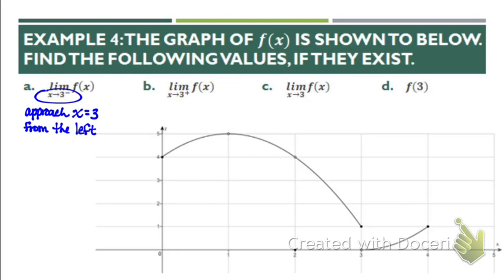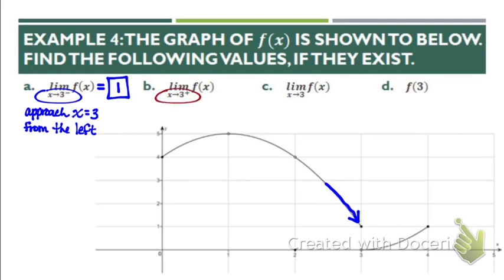So as I approach that x value from the left, my y values are getting progressively closer to what? To 1. It does not matter whether or not we ever actually arrive at that y value. We're just stating what we're getting closer and closer and closer to each time.